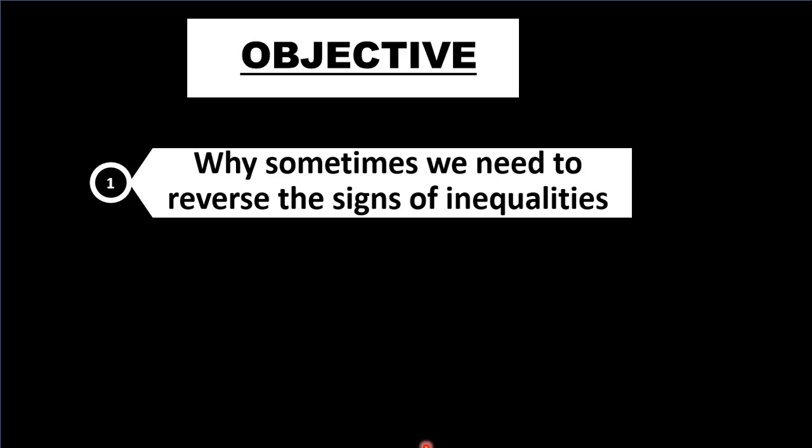What does that mean? It means that sometimes we have to change the sign greater than with the sign smaller than. To illustrate that, let us consider certain examples in the linear inequalities.